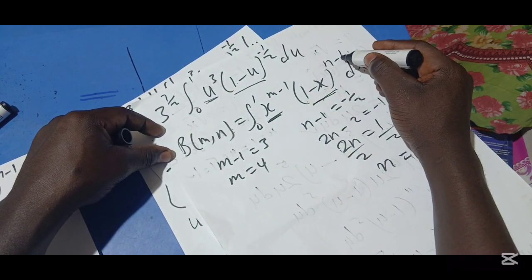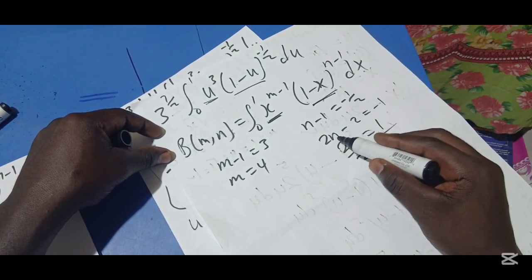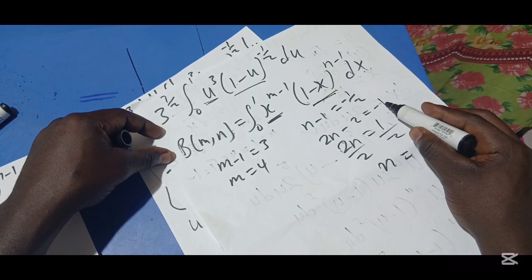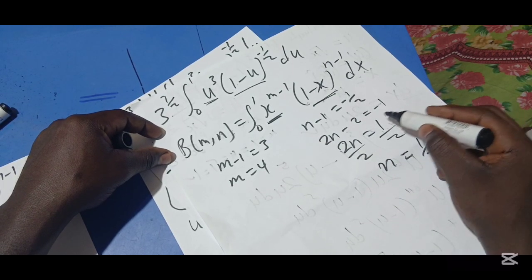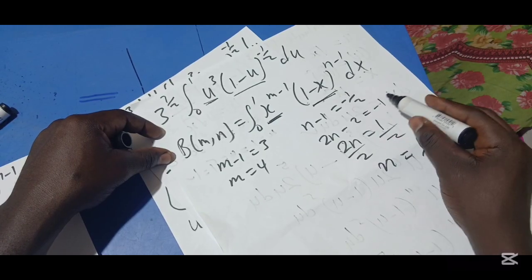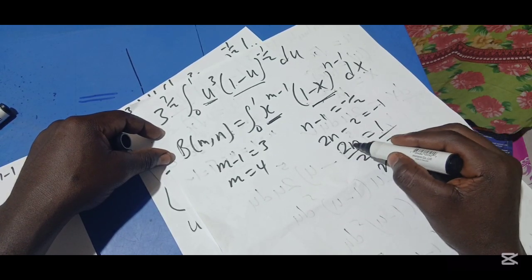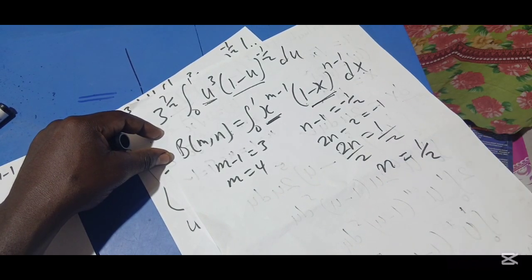So you equate n minus 1 to minus half, and solve for n. Multiplying by 2, we have 2n minus 2 equal minus 1. So this minus 2 becomes positive 2, and minus 1 giving us positive 1. Dividing 2 by 2 gives us n equal to positive half.